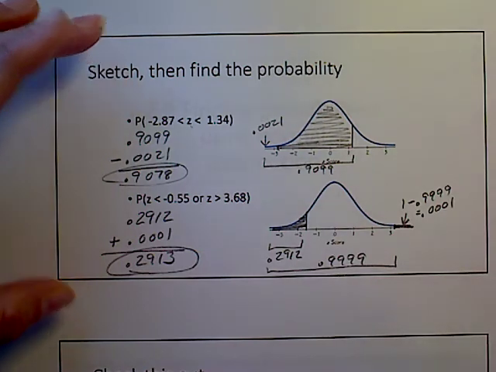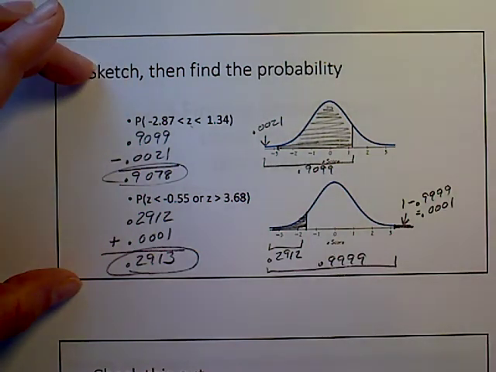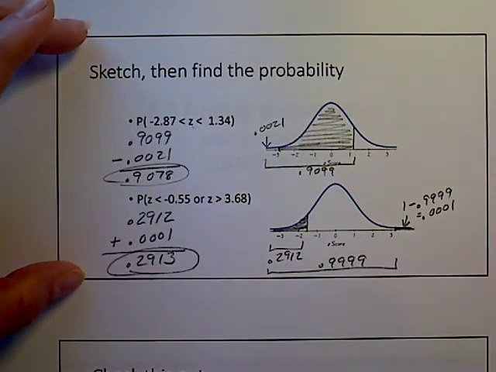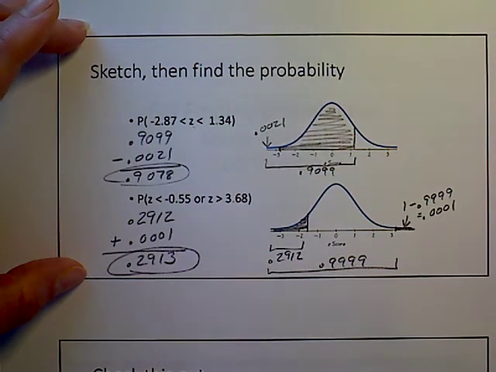All right, so this is going to be used, we're going to put words to it in the next section, but you just need to get used to using your table in this one.